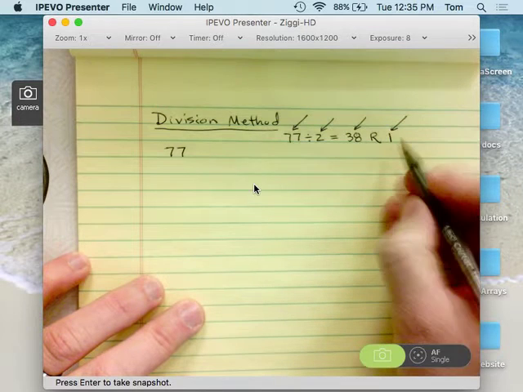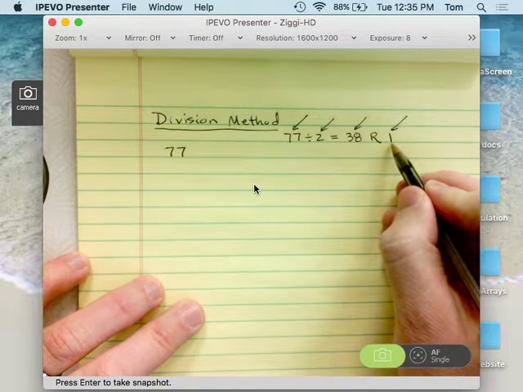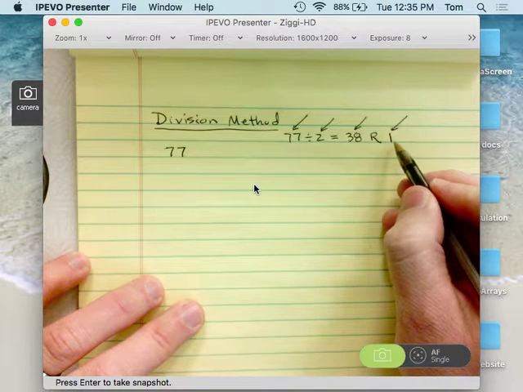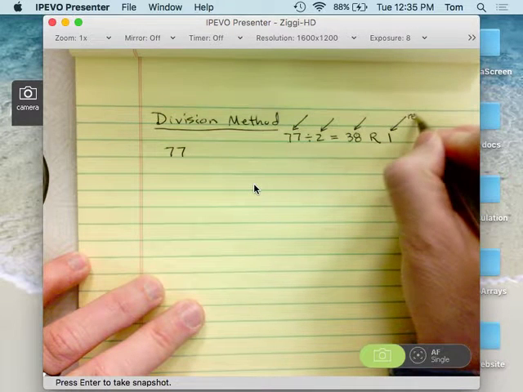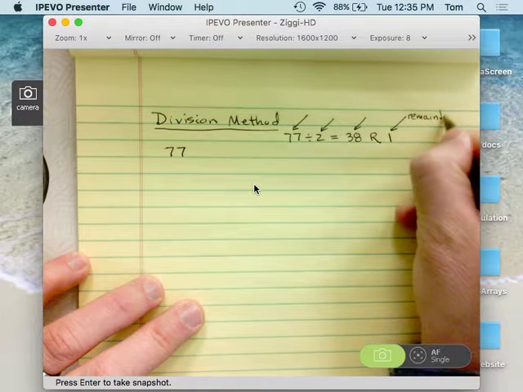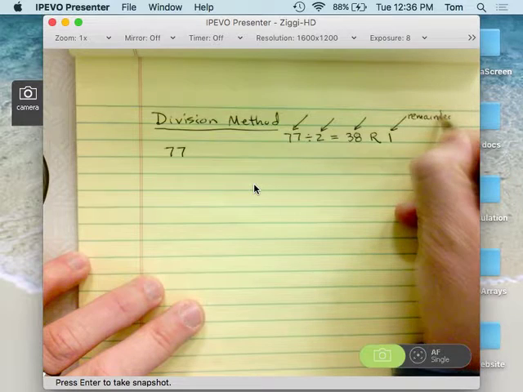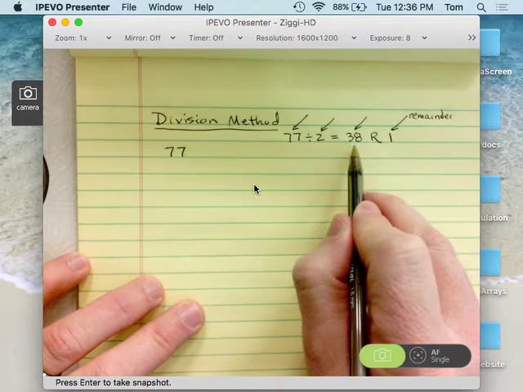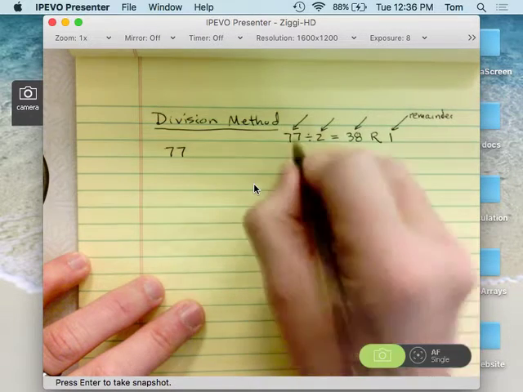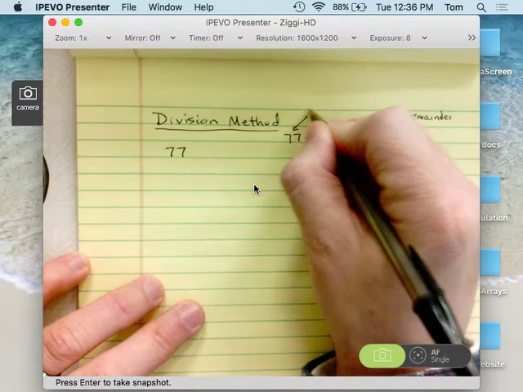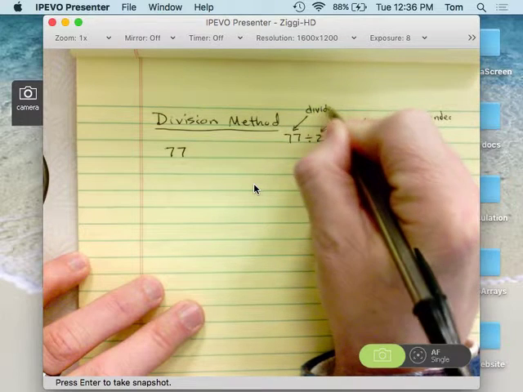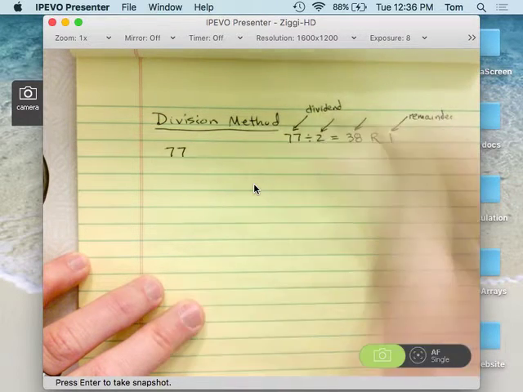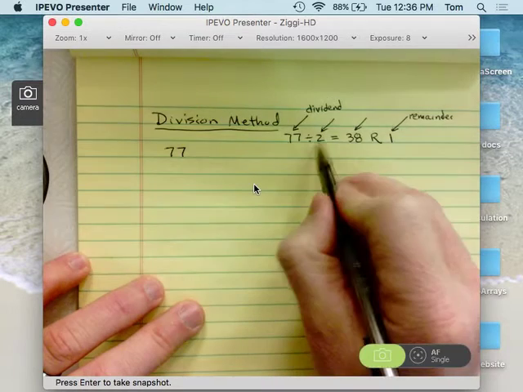This last one is the easy one. What is that number? We just said it. Remainder. This is the one that we had trouble with when we were trying to find the difference, so let's come back to that one. This one over here, this is the dividend. Remember that? What is the 2 in this case?